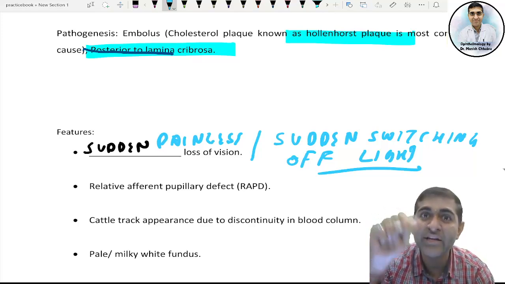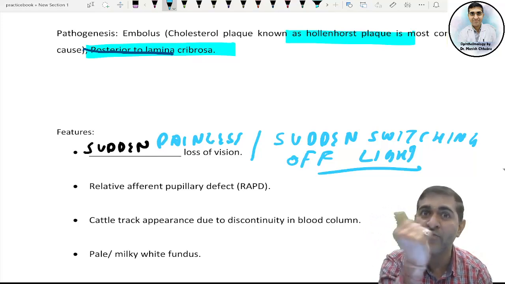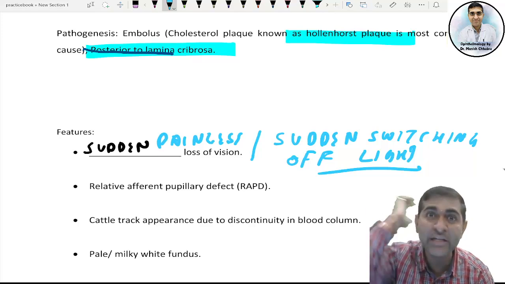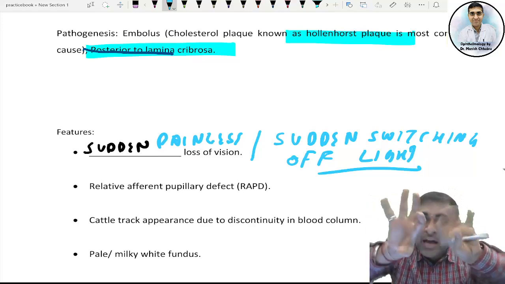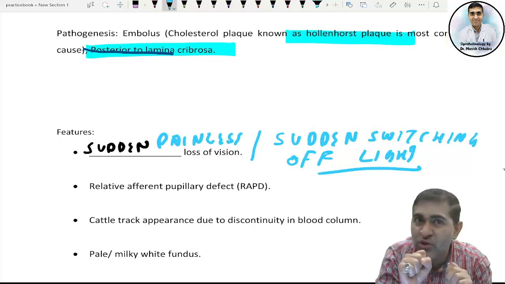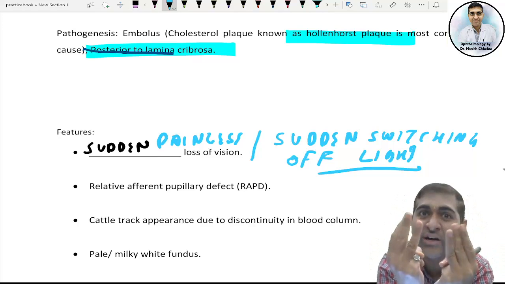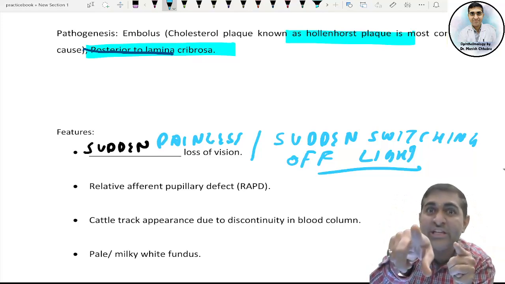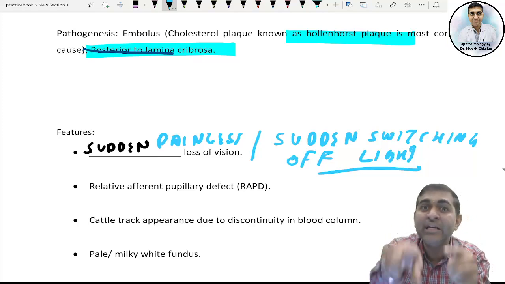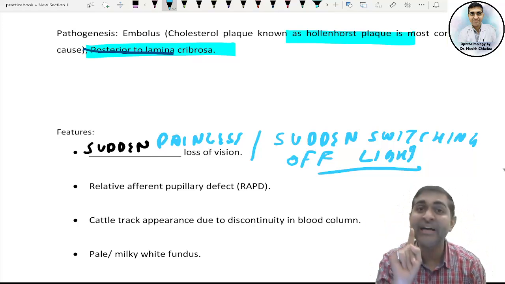When you shine the light in one eye, the light goes to the retina, from where it goes to the optic nerve, the optic chiasma, the optic tract, the pretectal nucleus of the midbrain, from where internuncial fibers supply the Edinger-Westphal nucleus, which is the nucleus of, my dear boys and girls, the third cranial nerve, which passes through the ciliary ganglion and ultimately supplies the sphincter pupillae, and that is how the light reflex is completed.